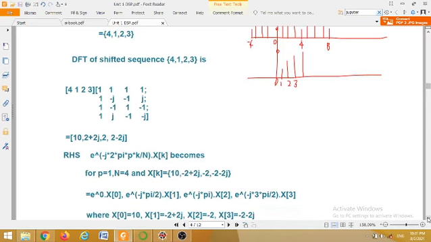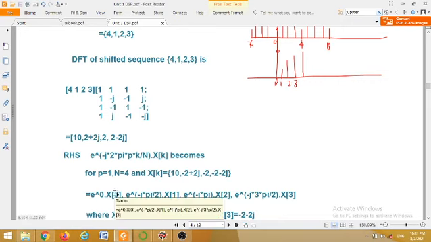So x of k is given as 10, minus 2 plus 2j, minus 2, minus 2 minus 2j, and p is equal to 1 and capital N equal to 4. In that case, each of the samples is multiplied by this weight value, where p always takes 1, and k is being incremented.